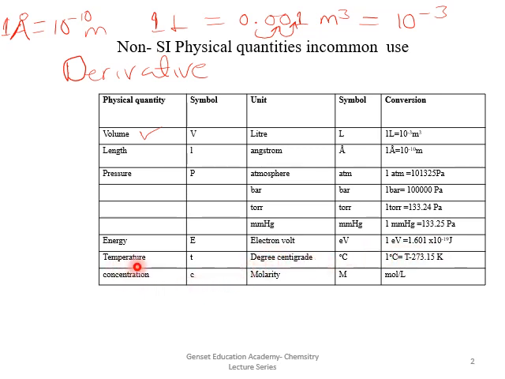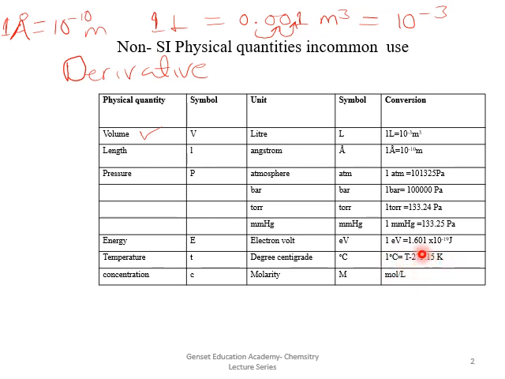Then again, we have temperature, which is measured in degrees centigrade. Most of you are used to degrees Celsius, and the conversion is T in Kelvin equals 273.15 plus the temperature in degrees Celsius. So this is a conversion from degrees Celsius to Kelvin.